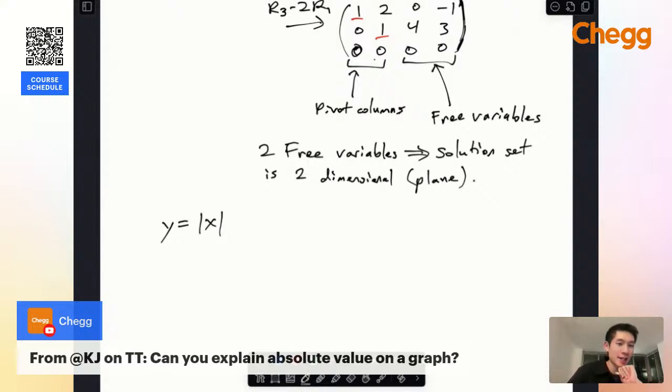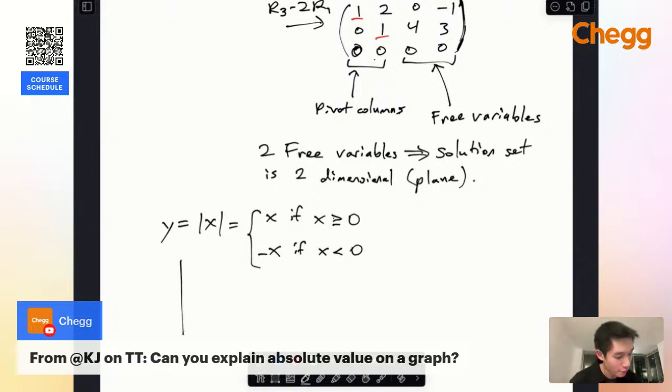It means that for x larger than or equal to 0, this is just equal to the value x, and it's negative x if x is strictly less than 0.